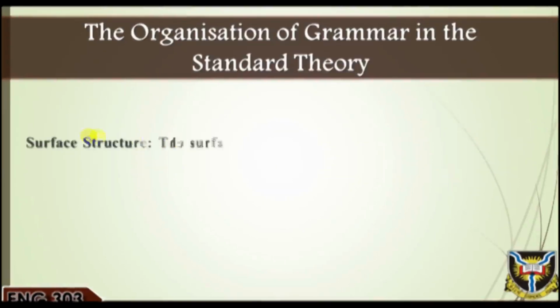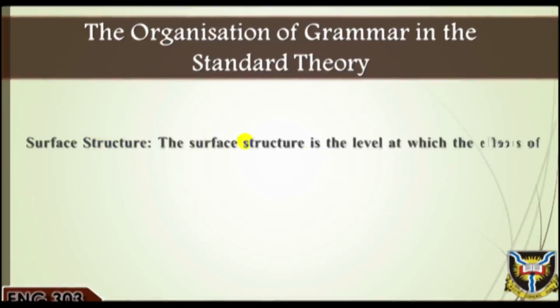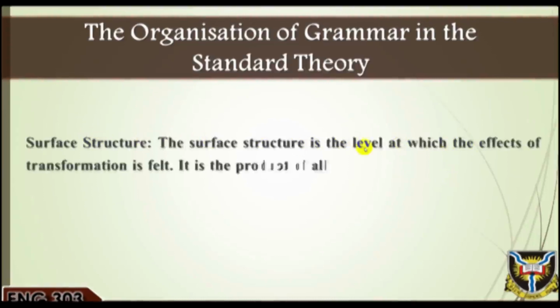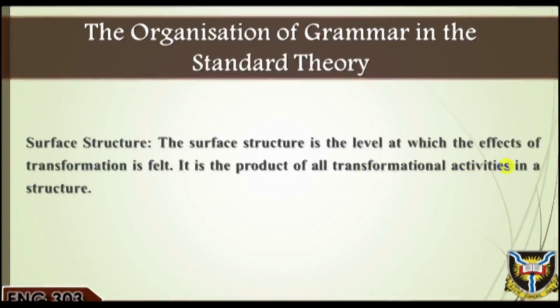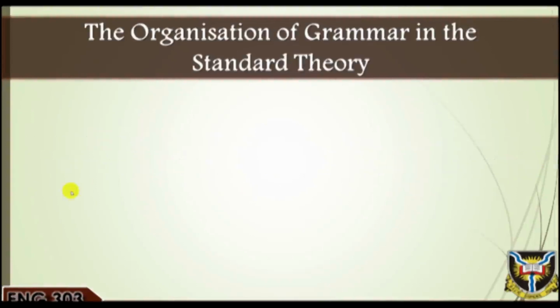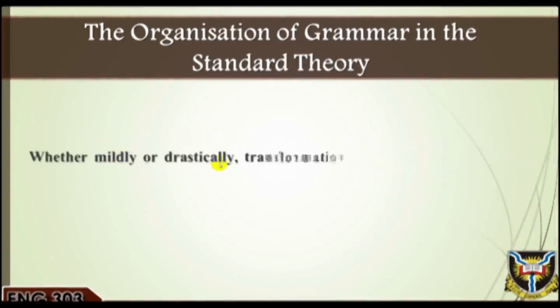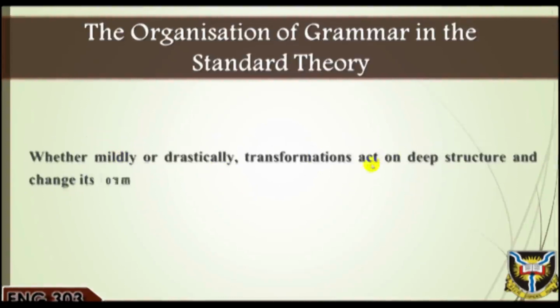Surface structure. The surface structure is the level at which the effect of transformation is felt. It is the product of all transformational activities in a structure. Whether mildly or drastically, transformations act on deep structure and change its form.